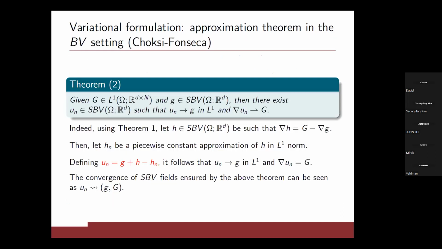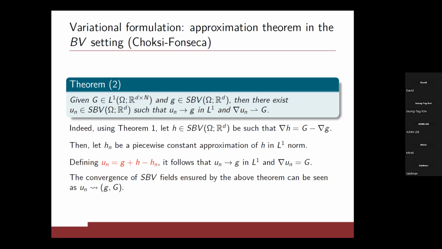Why is this result important? Because it is indeed the tool that has been used to prove the approximation theorem. So the approximation theorem in this variational formulation is due to Choksi and Fonseca, and the idea is essentially the following. You consider a couple, so little g, that, as I said, also encodes the set capital K as its singular set, and then a field capital G. Then you can find simple deformations that now will be SBV fields themselves. So again, u_n will be considered together with its jump set, J of u_n.